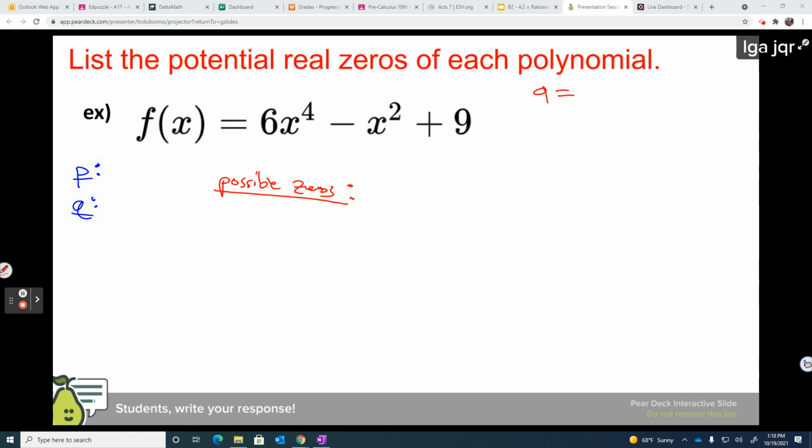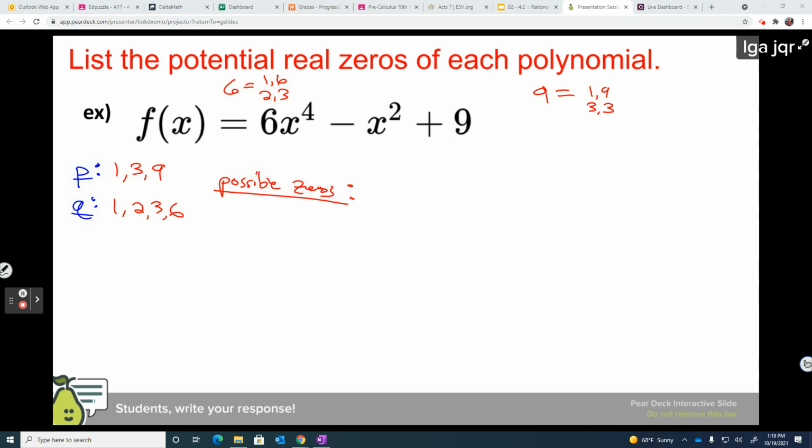Isn't that many, but if you struggle with coming up with those, well, 1 times 9 is going to be 9. 2 doesn't go into it, 3 does, it's 3 and 3. There's no more. So our factors, I always like to write them in order: 1, 3, and 9. And then the factors of 6: 1 and 6, and 2 and 3. No other way to get 6. So 1, 2, 3, 6.